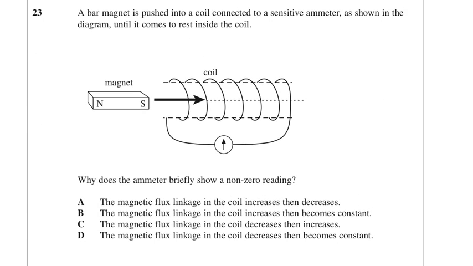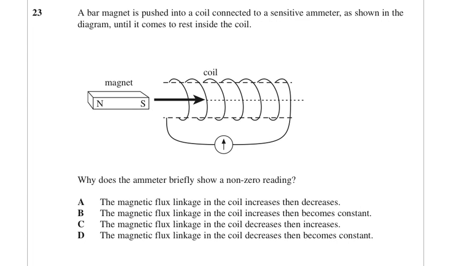A bar magnet is pushed into a coil connected to a sensitive ammeter as shown in the diagram until it comes to rest inside the coil. Why does the ammeter briefly show a non-zero reading? The reason there's a non-zero reading is because an EMF is induced, which then causes a current to flow in your circuit.